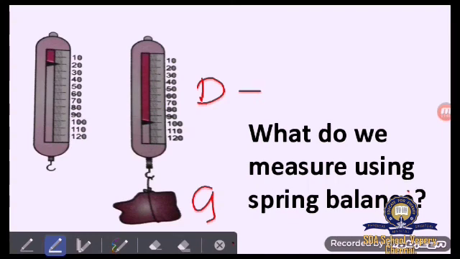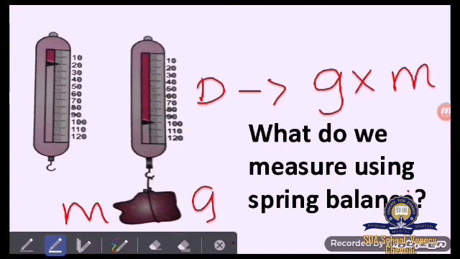So the displacement depends on gravity, and the displacement also depends on what? Mass of the object. So the displacement of the pointer in the spring balance depends upon the mass of the object and the gravity, that is the gravitational force of the earth.